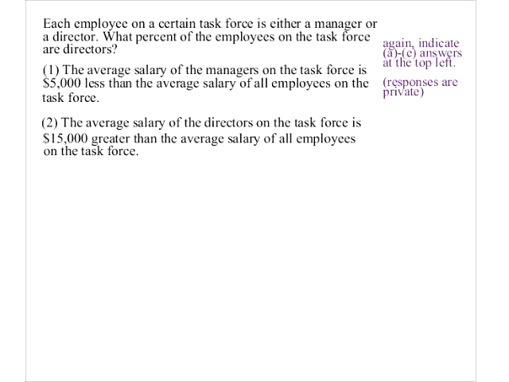Okay. If you look at statement 1, let's look at number lines, because again, it's what percent.